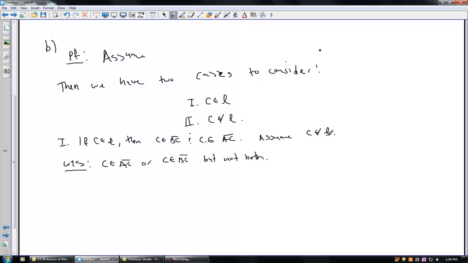So we assume C is not on L. We want to show that C is in here or C is in there, but not both.